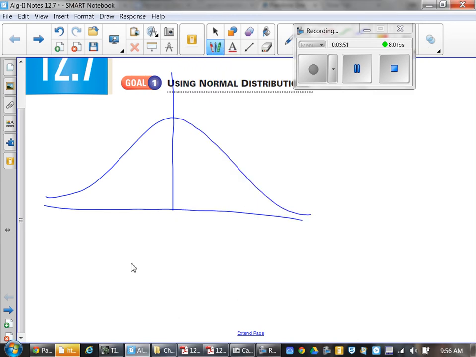Those histograms, those bar graphs, if you curved around them, that's what these would look like. The normal curve comes from just a smoothed out version of a bar graph. That's it. They call it the normal curve because curves look nicer.